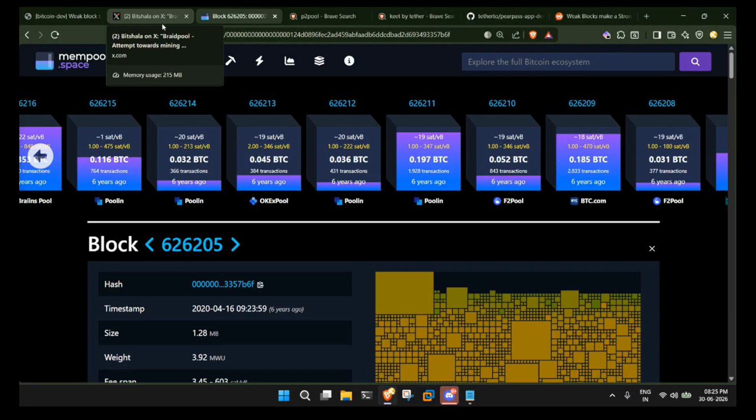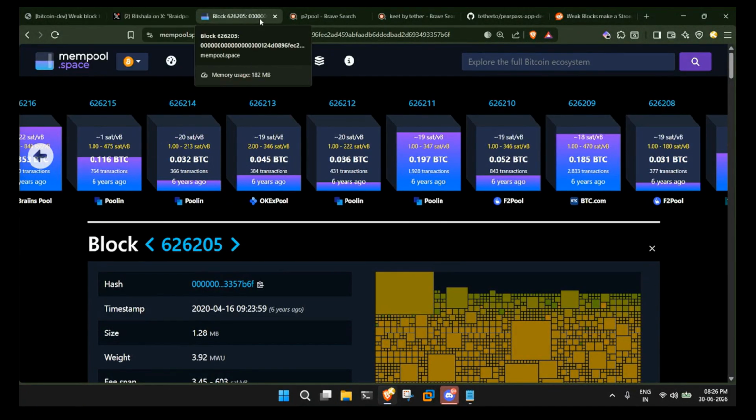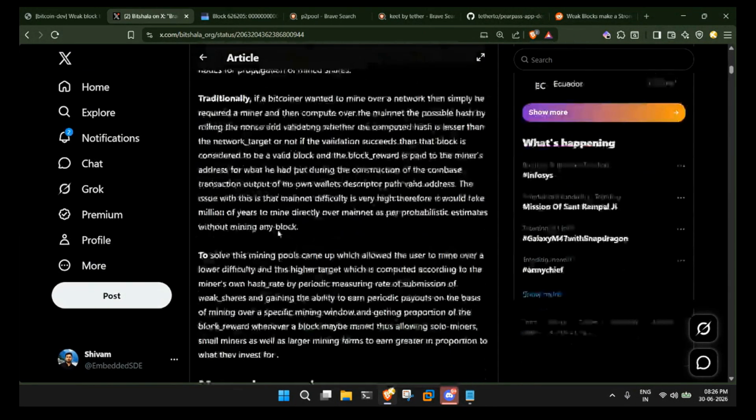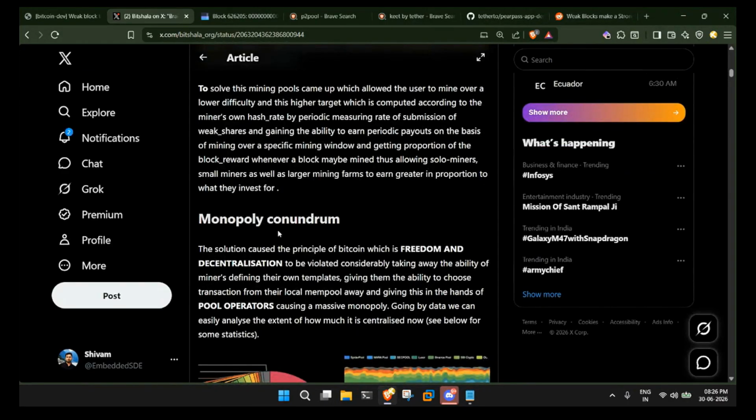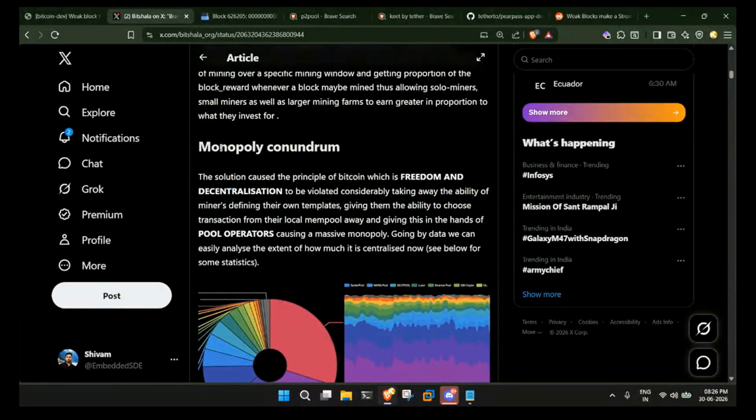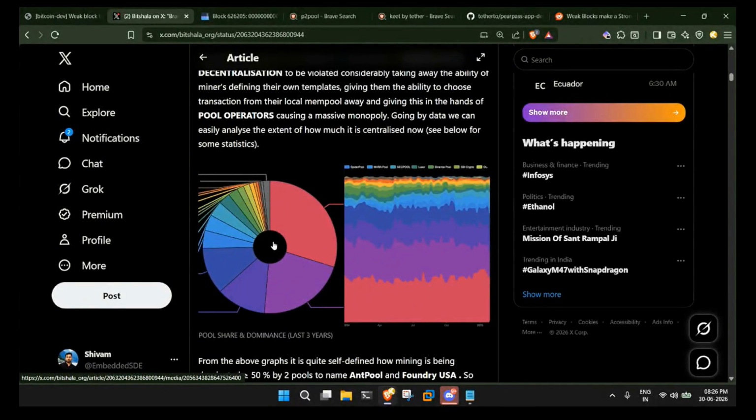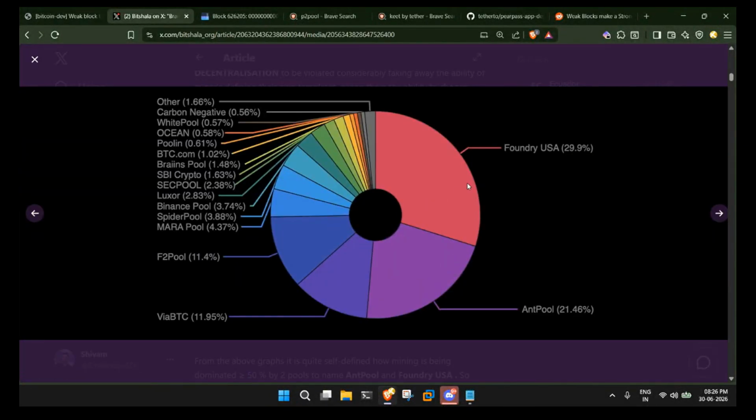In P2Pool, they were also saying that everything is decentralized. But if you see here, okay, this is the monopoly we discussed. If you see this image, you will get to know that 50% is Foundry USA and non-pool.